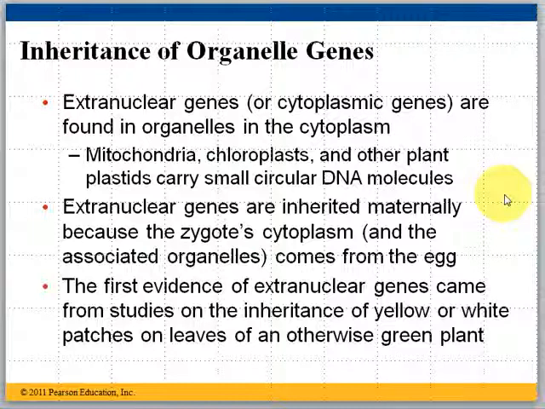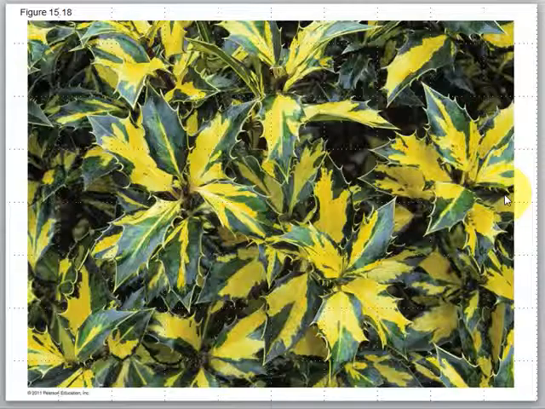As the plant embryo starts to grow and then divide and undergo mitosis, some of those daughter cells get the plastids with the mutation. Some of those daughter cells are going to get the plastids that do not have the mutation. So some of the cells in the leaves will then have that mutation. Some of the cells will not. And what you're going to see is this mottled effect right here.